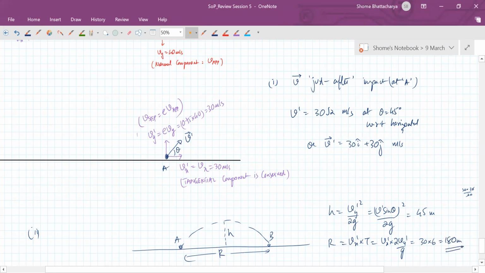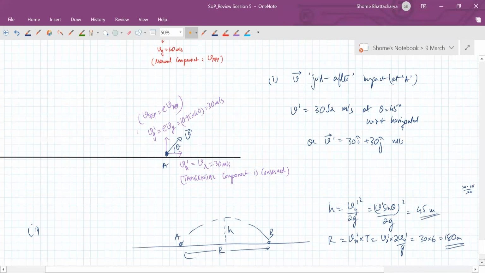So the range will be 180 meters and the maximum height it will reach is going to be 45 meters.